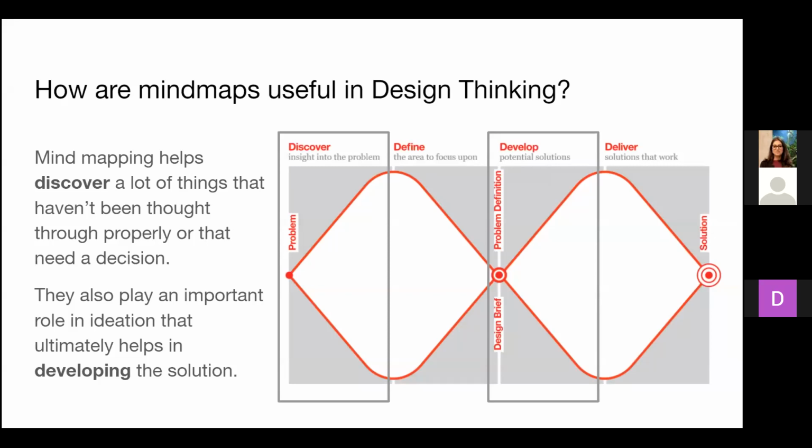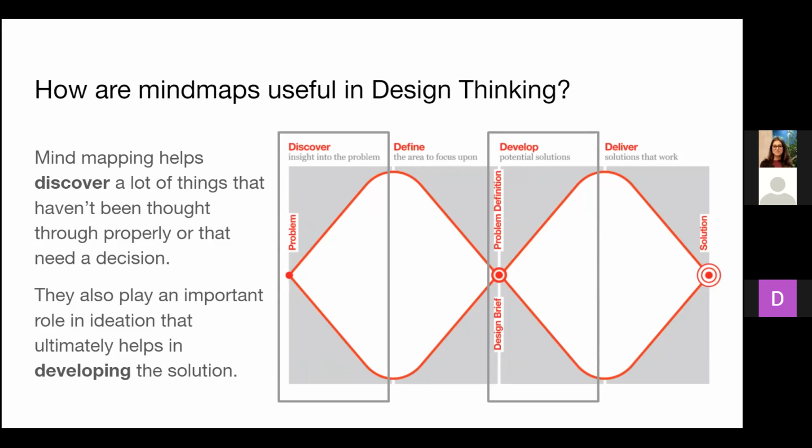Thank you, sir. Okay, talking about the double diamond. I was saying that the discover and the develop part is where we can use the mind map. Reiterating what I said: when we are looking into a problem space, a mind map would help us discover the minute details that we cannot look into directly without the process of mind mapping or brainstorming.